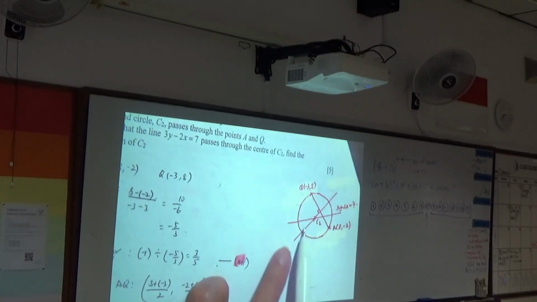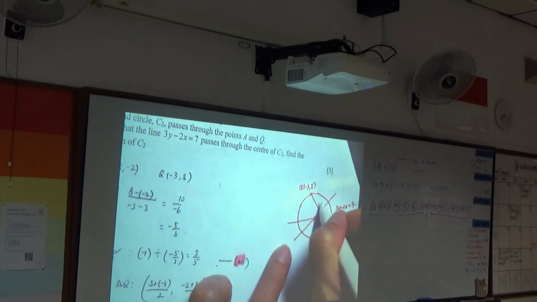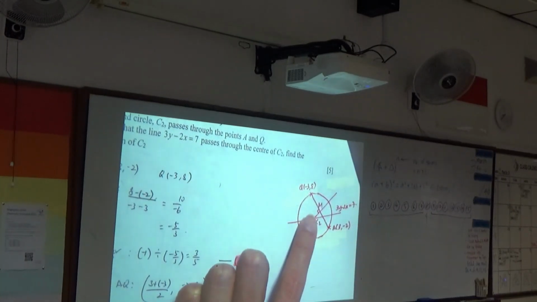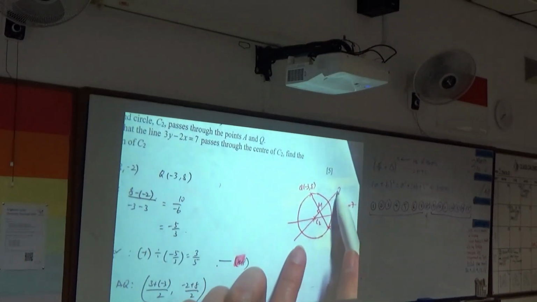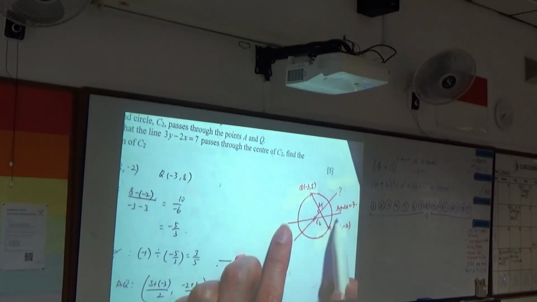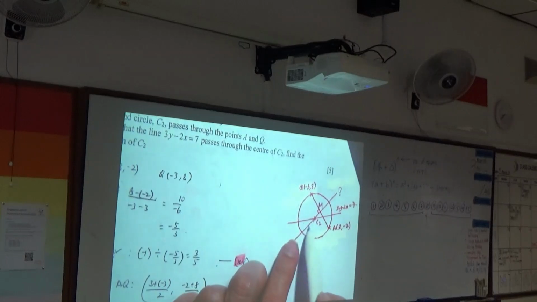So this perpendicular bisector is perpendicular to AQ and also passes through the midpoint of AQ. So if you can find the equation of the perpendicular bisector and do simultaneous equation solving with this 3y minus 2x equals to 7, you will find the coordinates of the center because the center is the intersection point of the two lines.